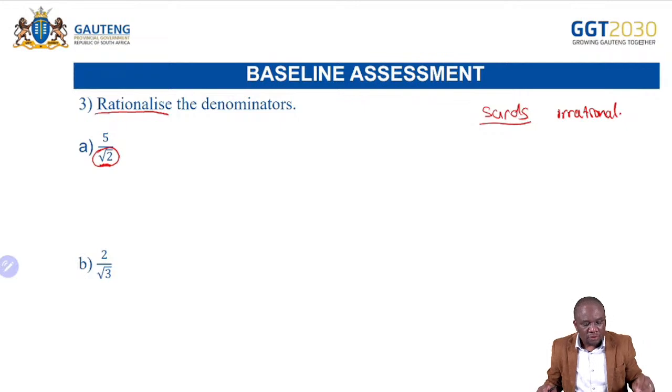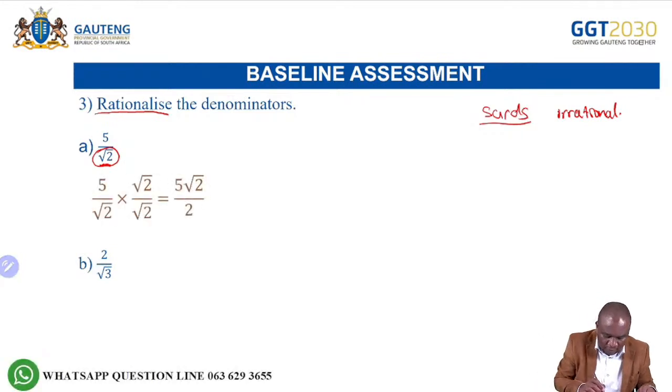So here, root 2 times square root of 2 will give us 2. So we can multiply the denominator by square root of 2. But if we do that, we have to do the same thing to the numerator. If we multiply the denominator by square root of 2, we must multiply the numerator also by square root of 2. This is how we rationalize denominators.